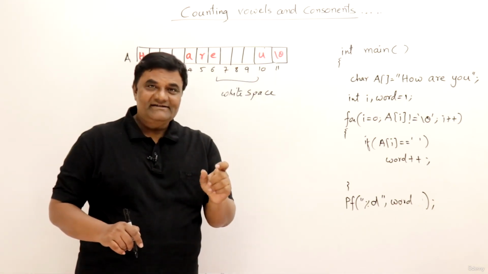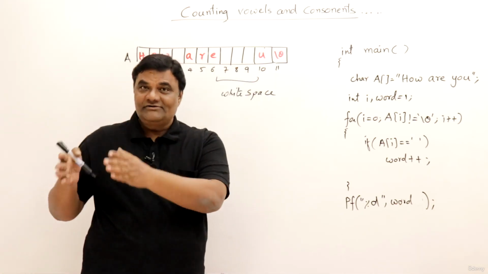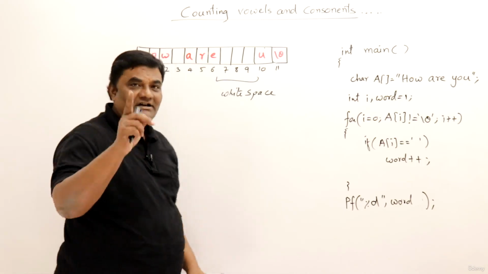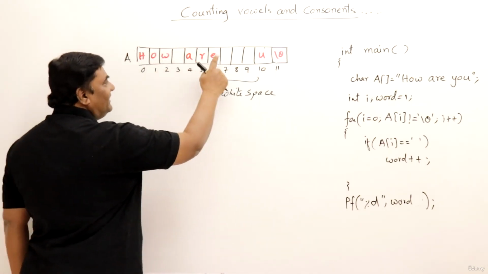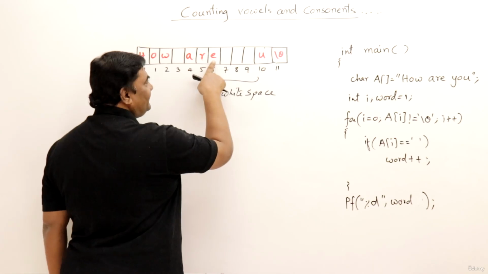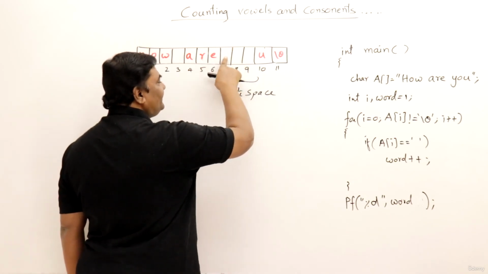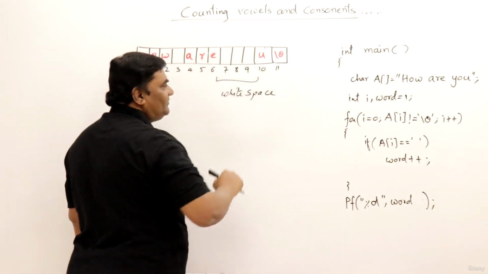So whenever you are having a space, check that previous one is also a space. If so, then don't count it. So let us do it once again. This is space, previous one is not a space, so count it. This one, previous one is space, don't count. Previous one space, don't count.